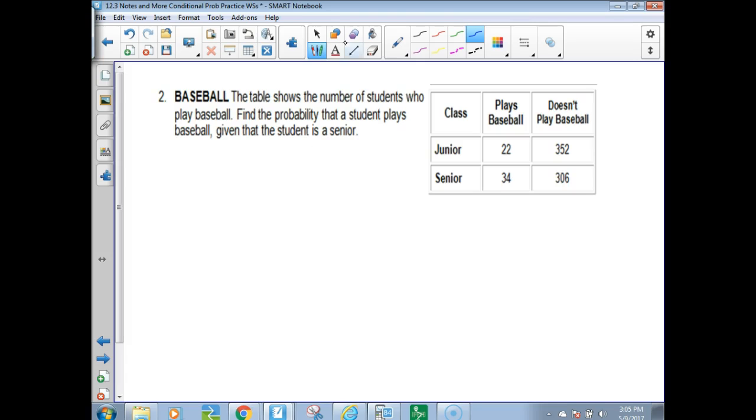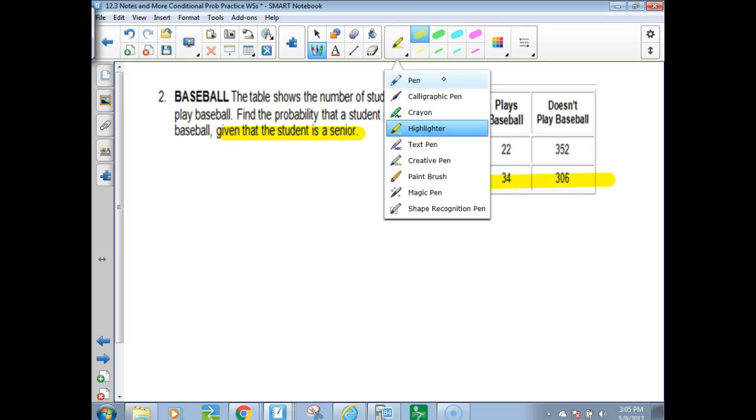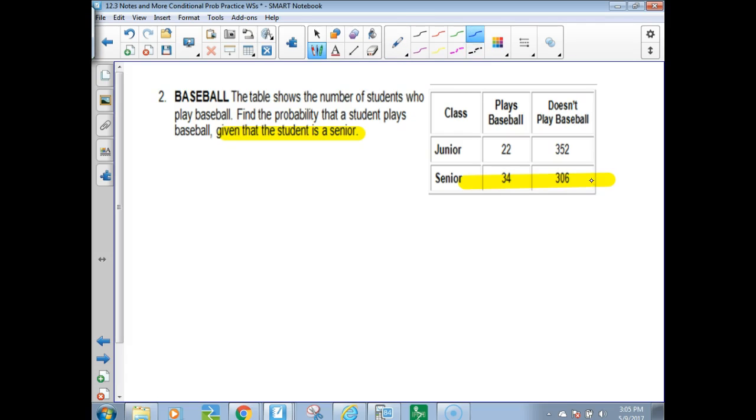All right, do I have a volunteer? Tell me what I should look at. All right, Matt. Okay, so Matt just told me, so everybody could hear, that given that it's a senior, we're going to look at seniors. We need to know how many seniors there are here. 340.